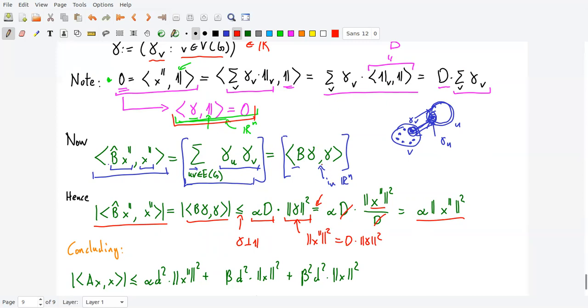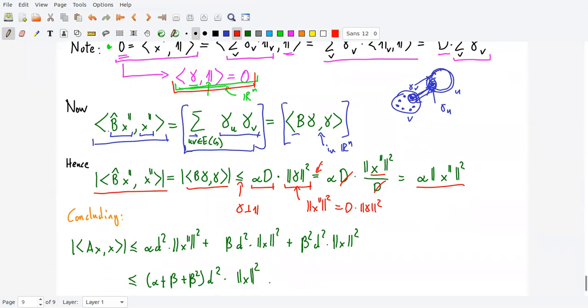So just to put all of this together, we want to upper bound this animal, AX cross product X, up to absolute value. And this we divided into the noise part, which we bounded using the assumption about the spectrum of H, and the average part, which we bounded using the assumption on the spectrum of G. Now the norm of the X parallel part is upper bounded by the norm of X squared.